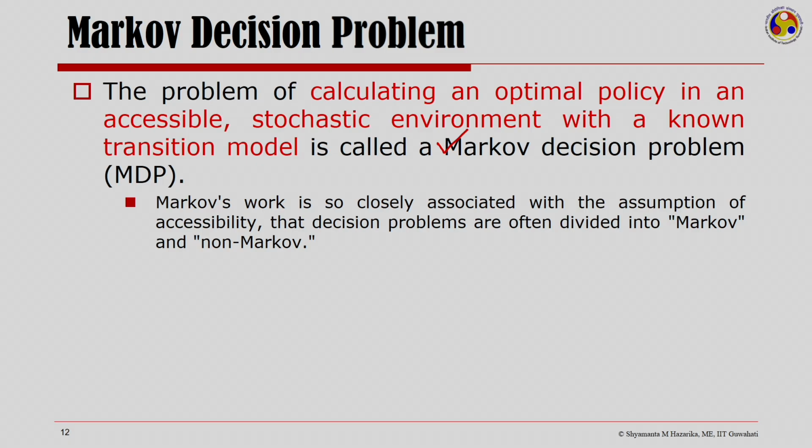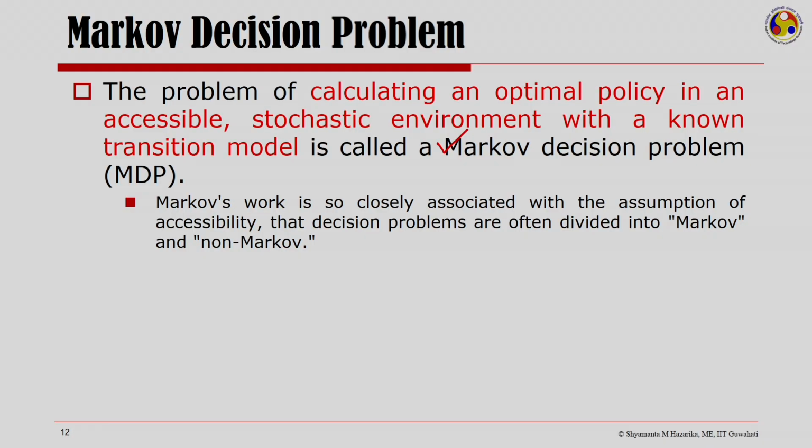But then the transition model, that is the change from one state to another state given an action in the previous state, is known to me. Now, Markov's work is very closely associated with the assumption of accessibility. And decision problems are therefore often divided into what are called Markov and non-Markov decision problems.